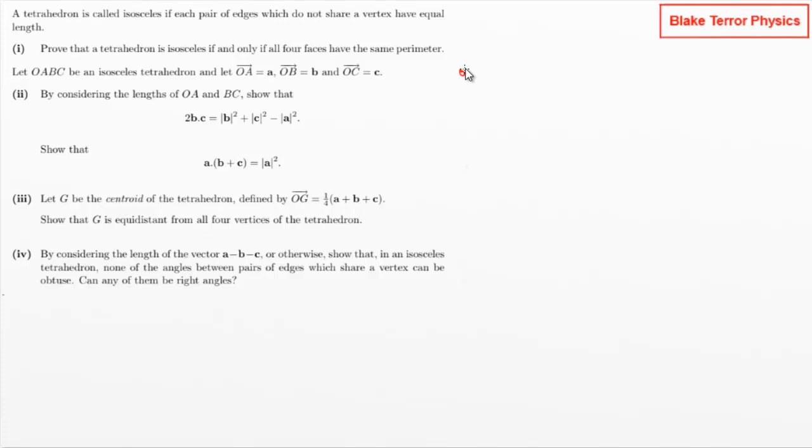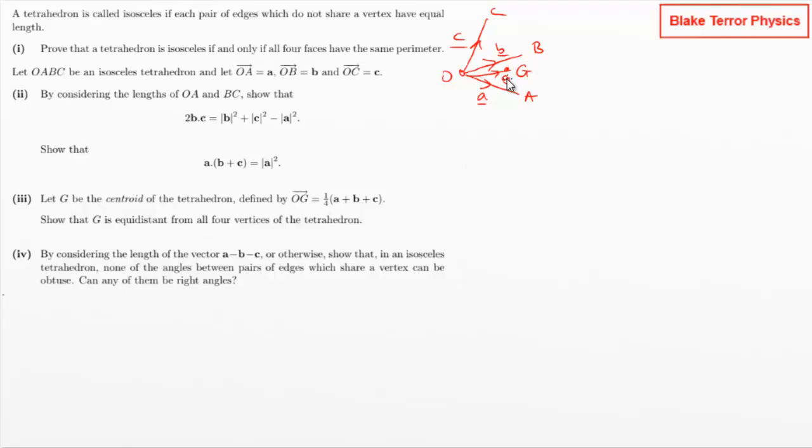I had my vectors going out like this, didn't I? I had A, I had B, I had C, going from O to A to B to C, and now I've got G is the centroid, so let's just stick it there to make it easy to fit on the picture.